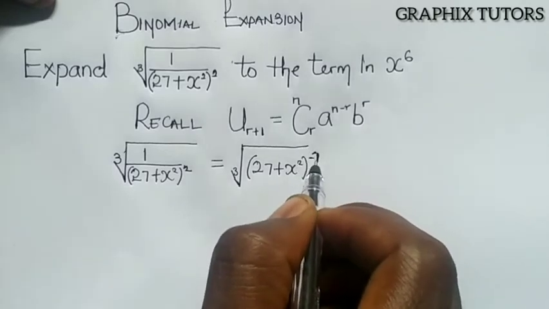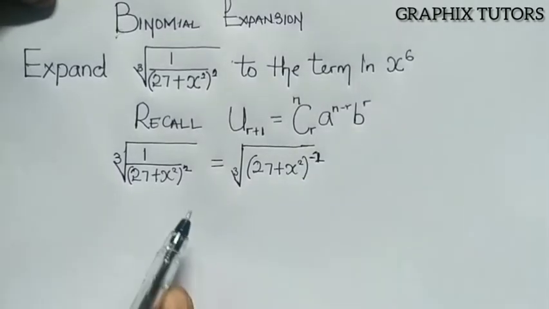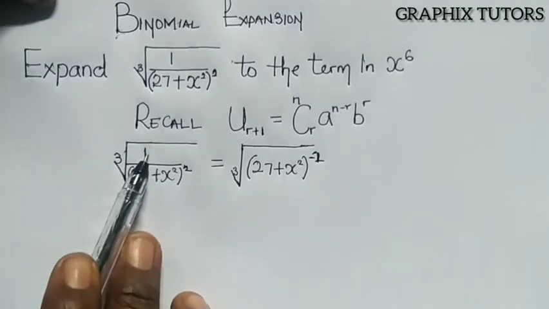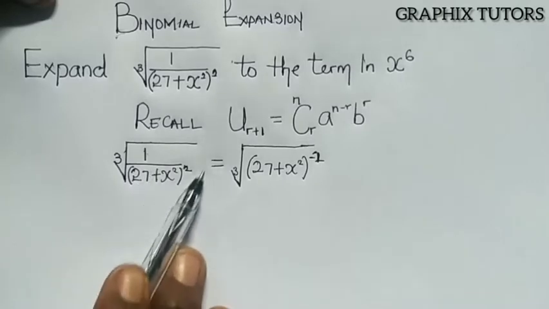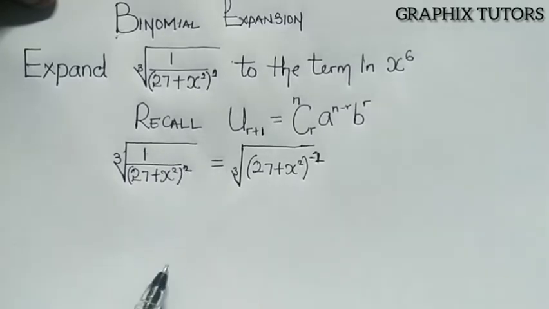Minus 2. Because when you are trying to eradicate this one, you put a negative to the power here, so when this guy is coming up, you become negative of this power here.